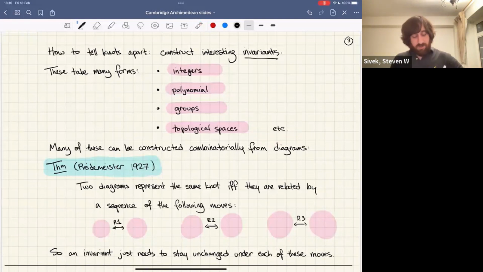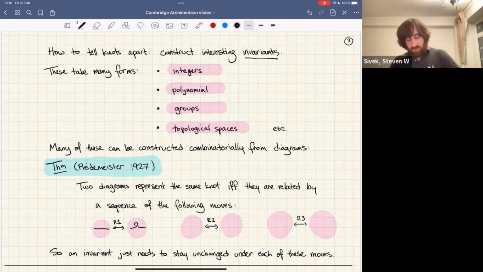The first one is fairly simple. You have a strand passing through some part of your diagram, and you pick it up and you add a little twist. You don't have to think too hard, hopefully, to convince yourself that that's not the same diagram, but the same knot. You just moved it a little bit, and you can go back and forth in either direction.